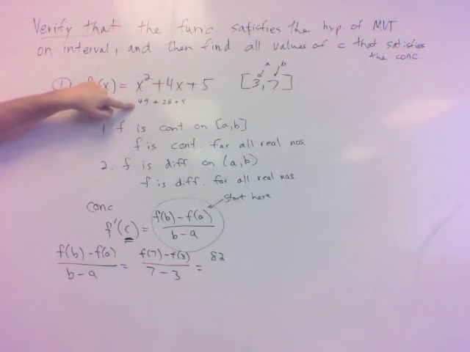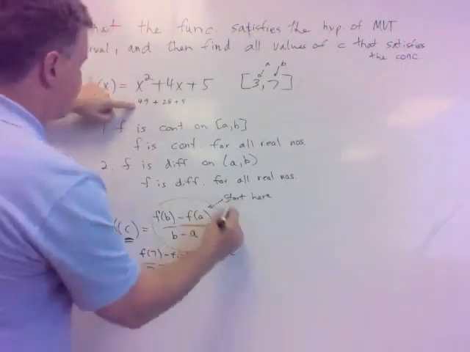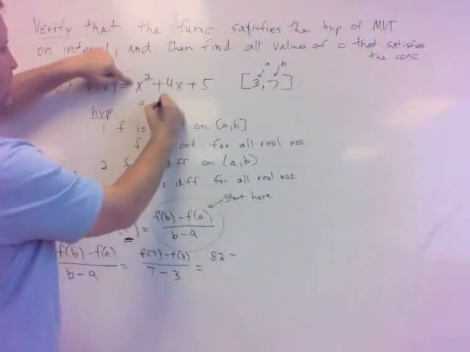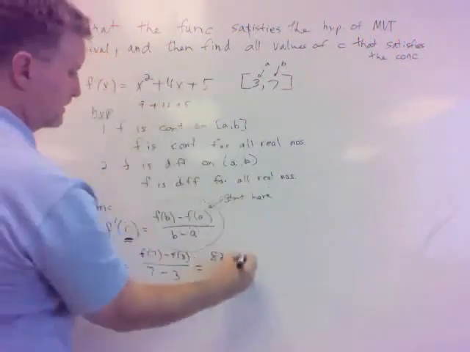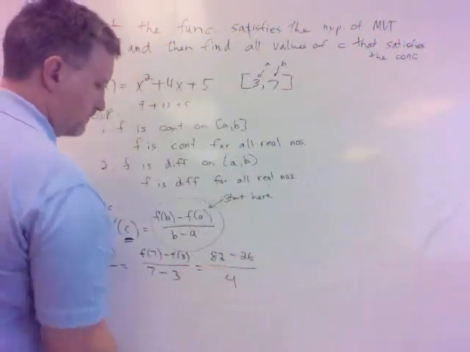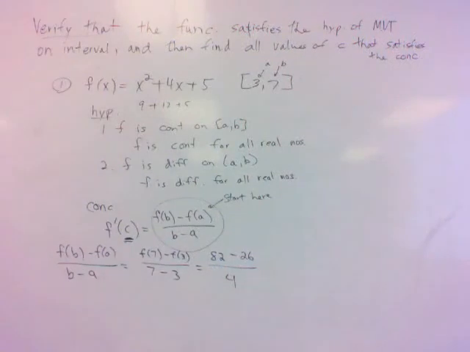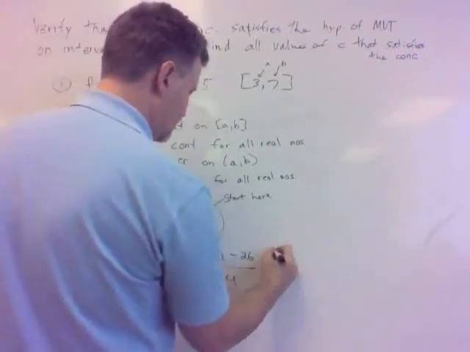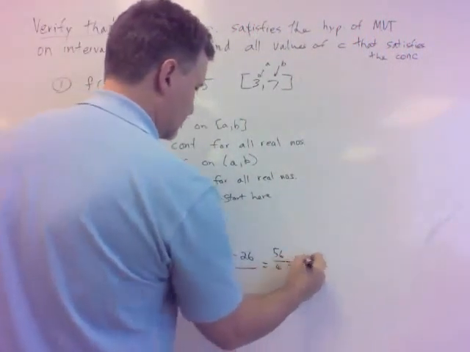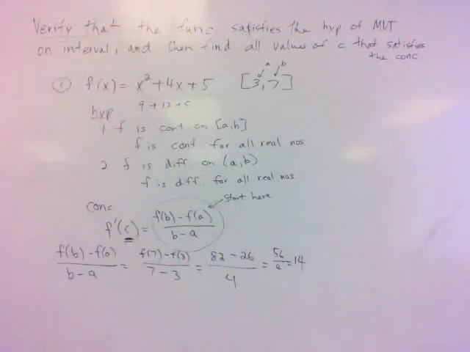Right? Is that 82? That's what you got. Okay. F of 3 then would be 9 plus 12 plus 5, so that's 26 over 4. So it's 14. 56 over 4 is 14.